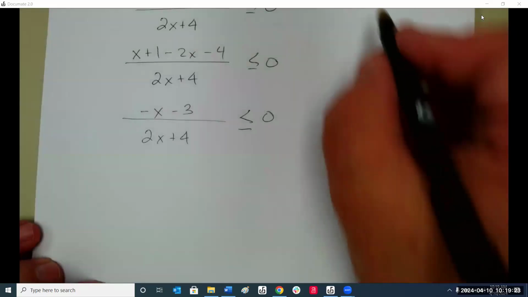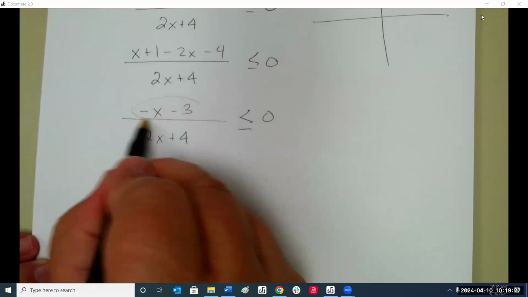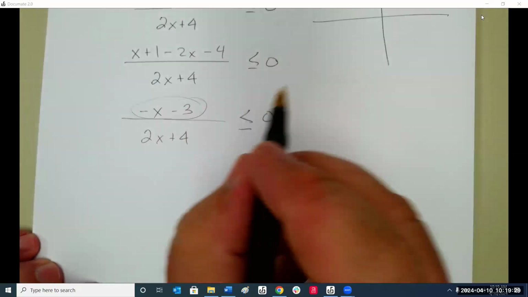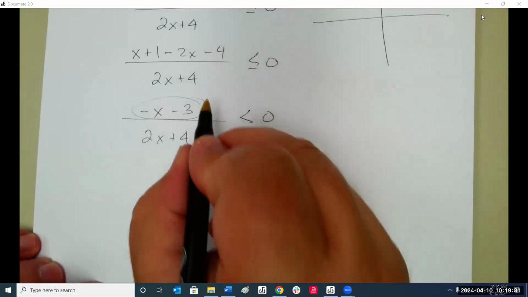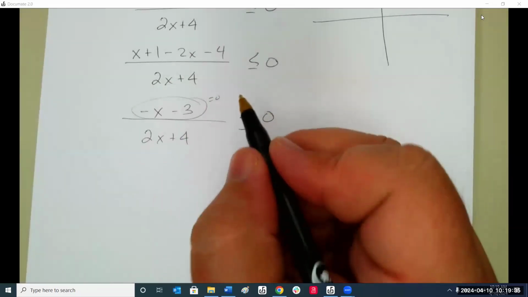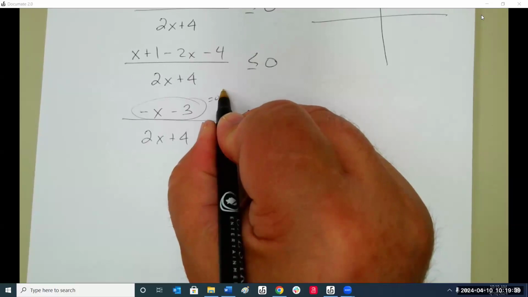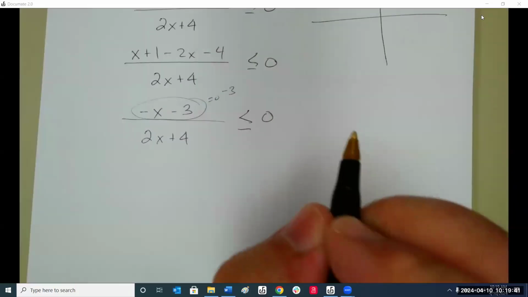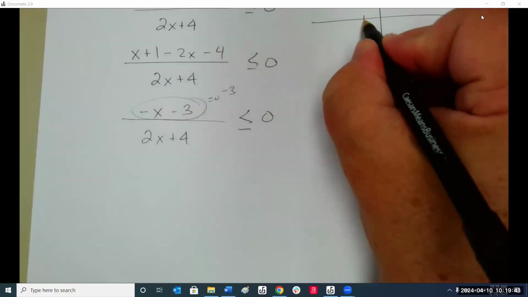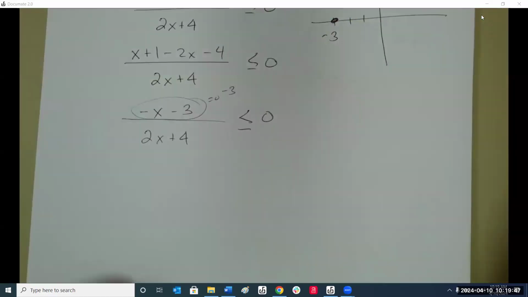All right, so our graph. Our 0, set that equal to 0, is at -3. So we have an x-intercept there.